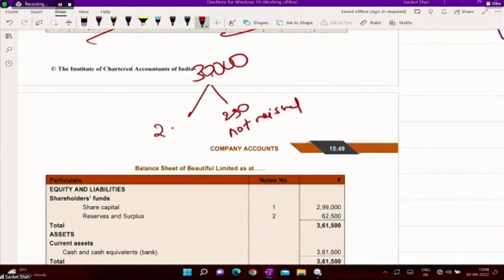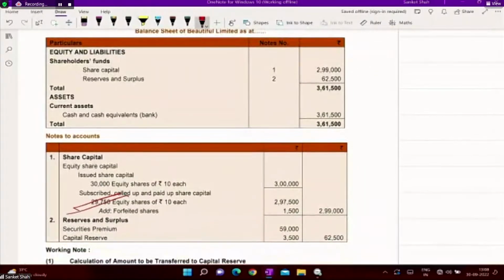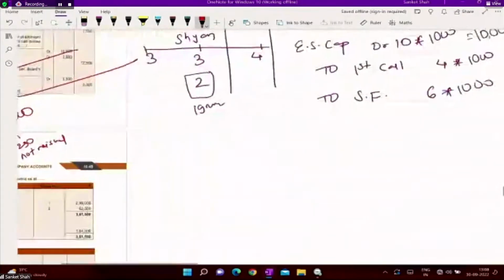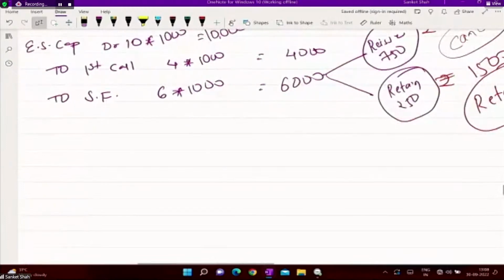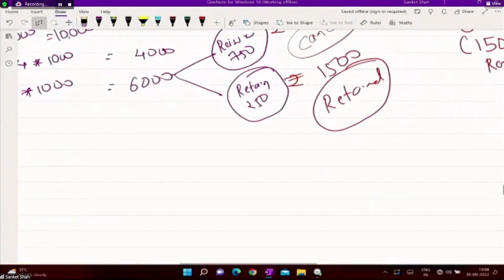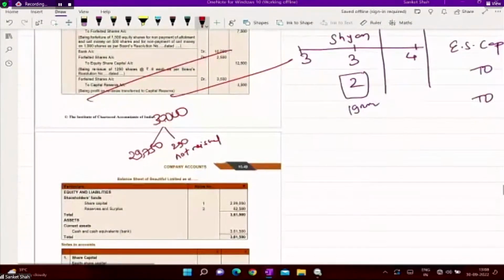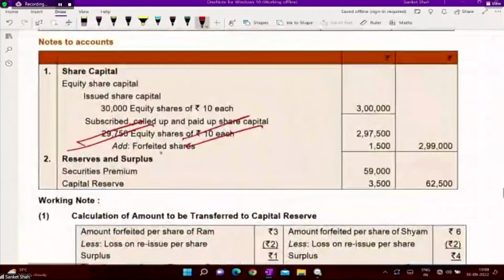Remaining 29,750 shares are reissued. So you can see 29,750 shares into 10 is 2,97,500. Forfeited share balance 1,500 will be shown under the head share capital. So very, very important: forfeited shares 1,500.